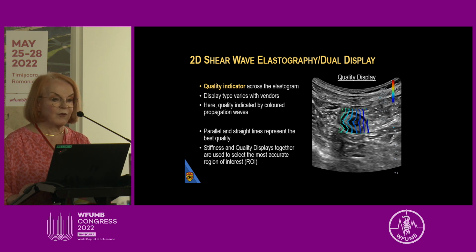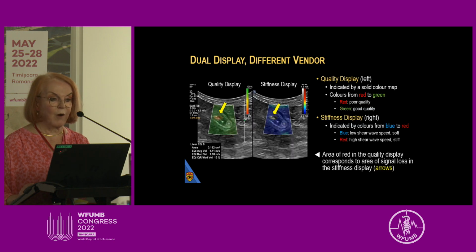Here we have the quality display indicated by colored propagation waves. And we're looking for the place on the propagation waves where they're parallel and as straight as possible. So we would obviously select the right-hand side of this picture. The stiffness and the quality displays together are used to select the most accurate region of interest, or ROI. Here's a very nice example.